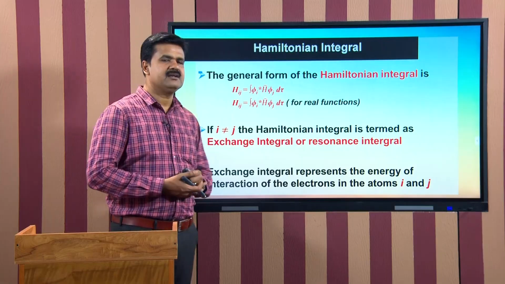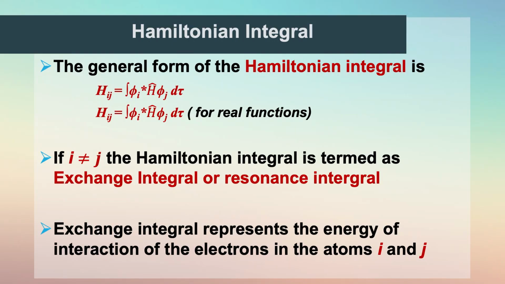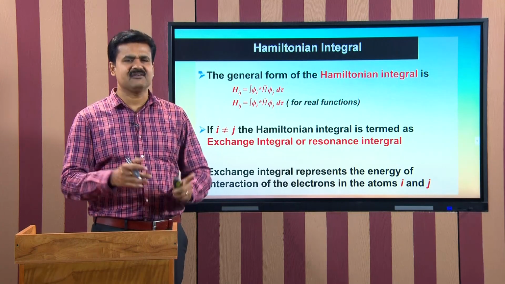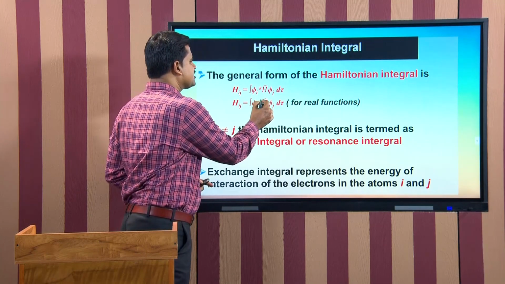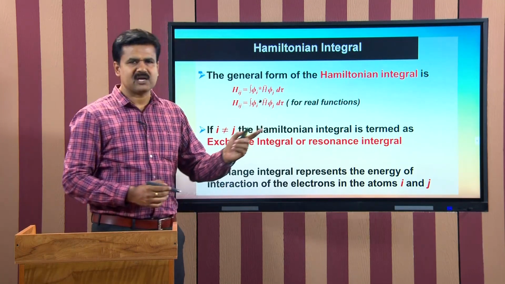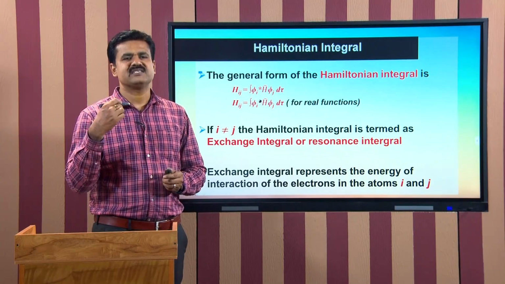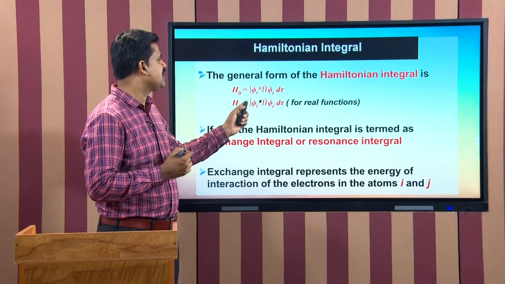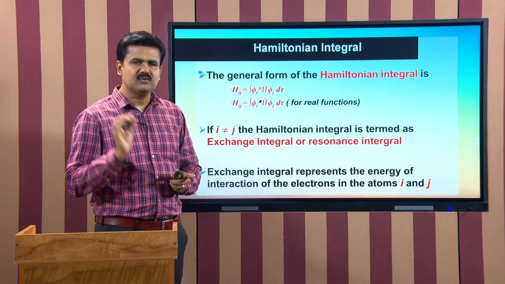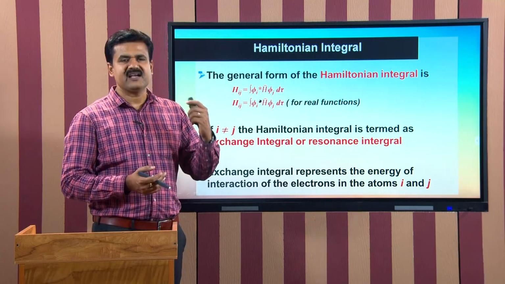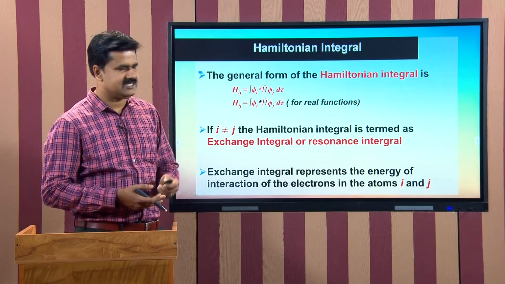By definition, this Hamiltonian integral H_ij is equal to integral phi i star H hat phi j d tau. And if we are having real functions, we can remove this star, because if we are discussing a real function, phi i should be the same as phi i star. Therefore, H_ij is equal to integral phi i H hat phi j d tau.